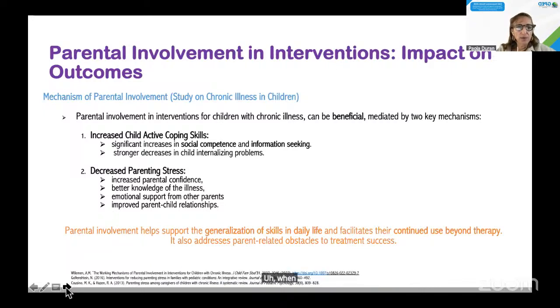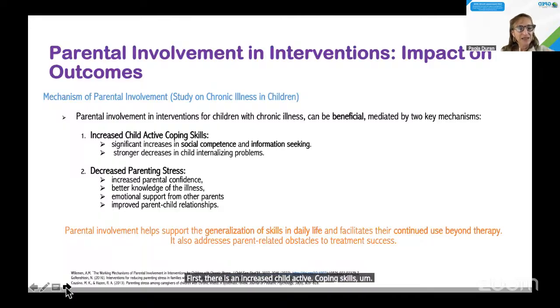When we look at parental involvement in interventions, there are two key mechanisms that have been shown to be very beneficial. First, there is an increase in the child's active coping skills.